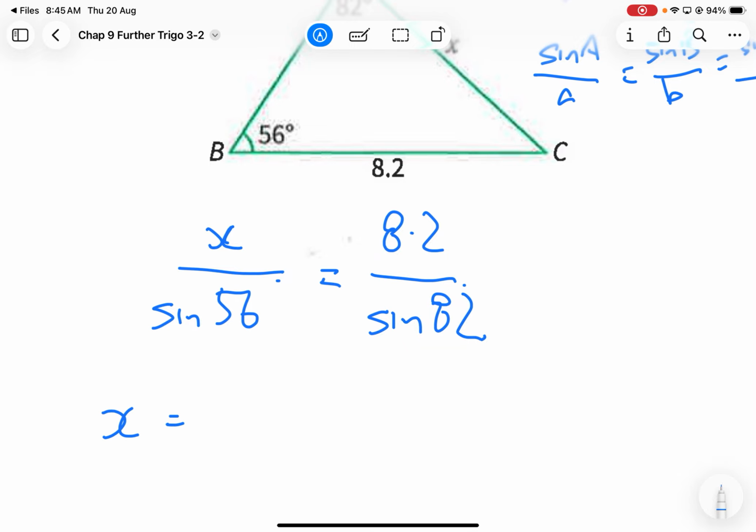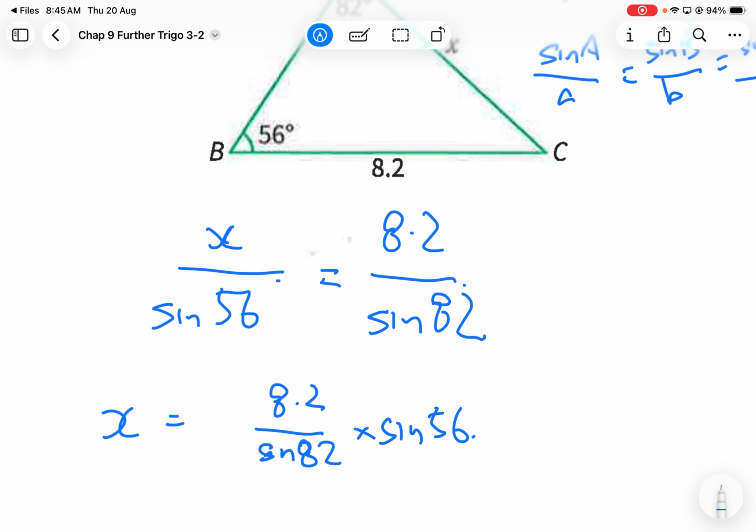I just need to multiply. Solved. Press calculator, you get the answer. What is that side already? Okay? So for any triangle, it doesn't need to be a right angle triangle. A known pair of angle and opposite side can help me use sine rule already.